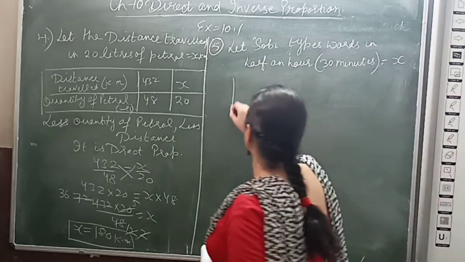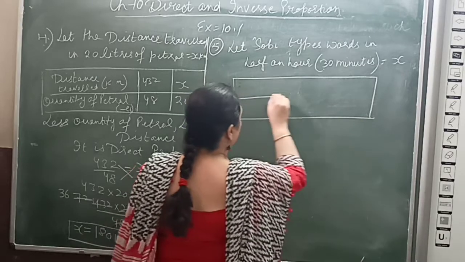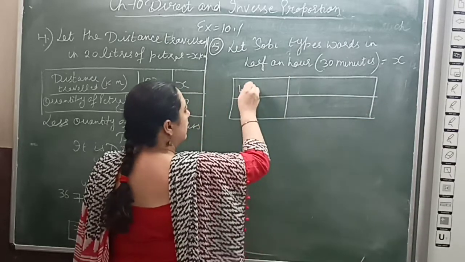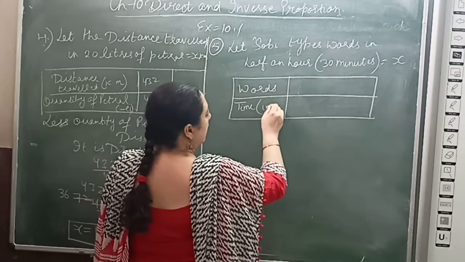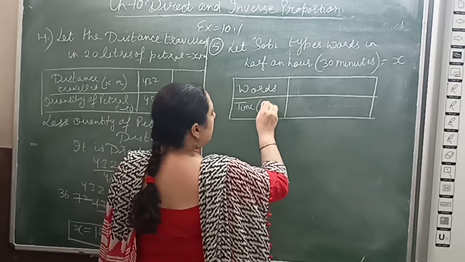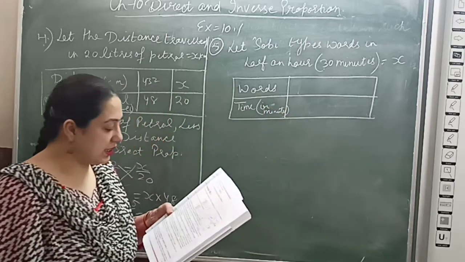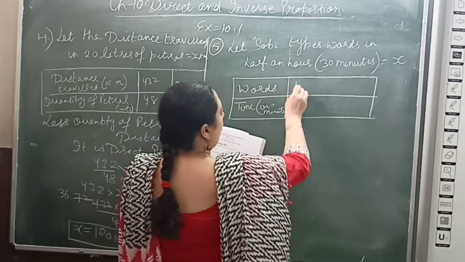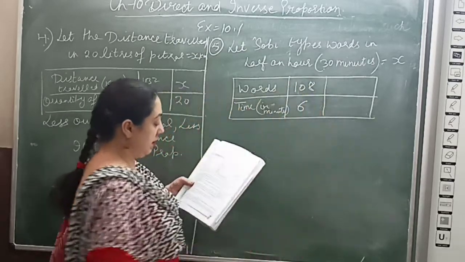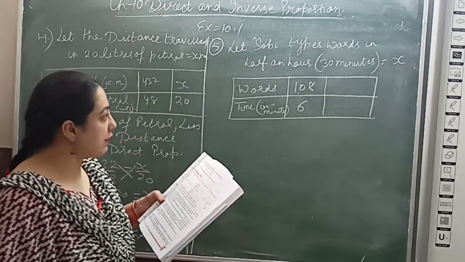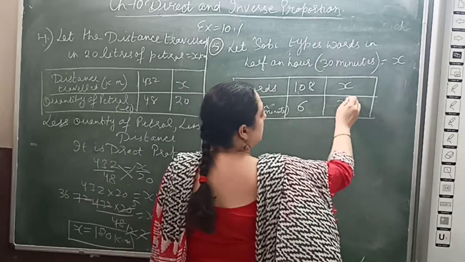Now again, first of all, I will draw the table, and in the first column I will write down the words. And here time, and time I measure in minutes. Now according to the statement, Sophie types 108 words and the time she will take is 6 minutes. Now in the second column I have to find the words, that is x, in 30 minutes.